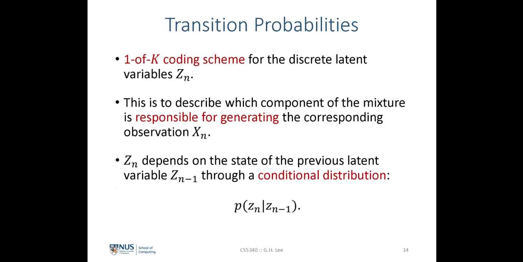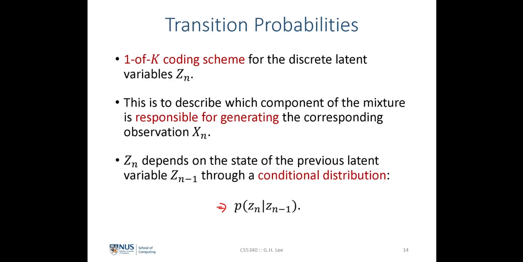Now let us look at the individual terms of the joint probability distribution. We'll first start by looking at the transition probability, which we have seen to be in this particular form over here. It's actually a conditional probability distribution of Zn conditioned upon Zn minus 1, which helps us describe the dependency of the current latent random variable on the previous latent random variable.